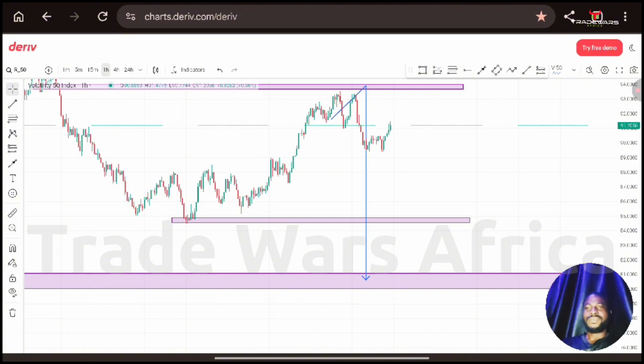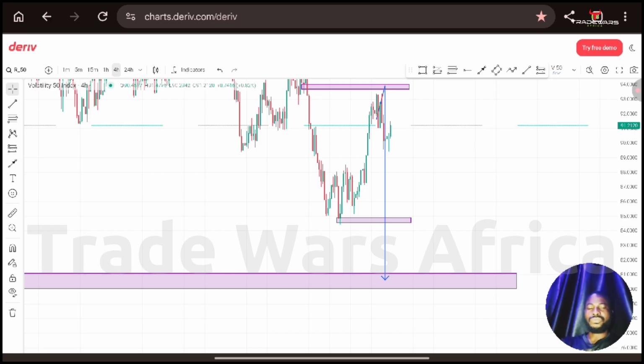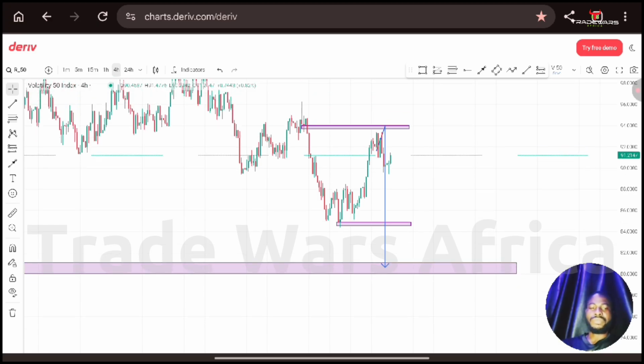There are some markets you use break of structure for, break and retest, supply and demand zones. If the trend line aligns properly like this, then we are fine. Break of the trend line, then retest of the trend line, then we are good.